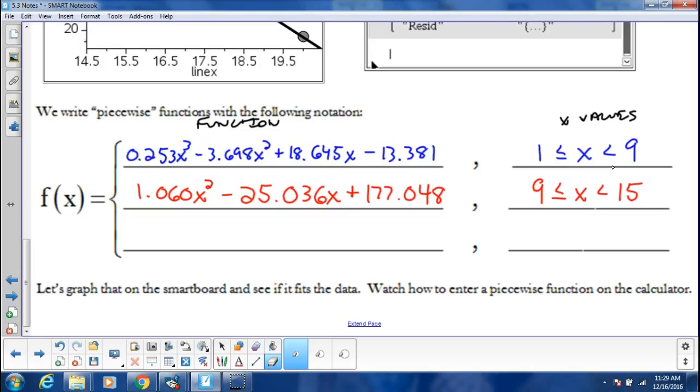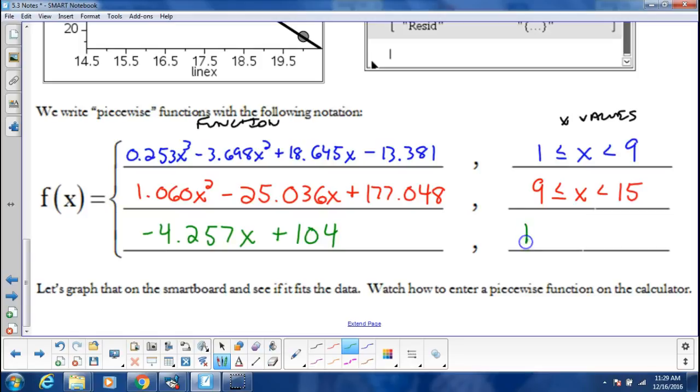Okay? And then our last function is negative 4.257x plus 104.